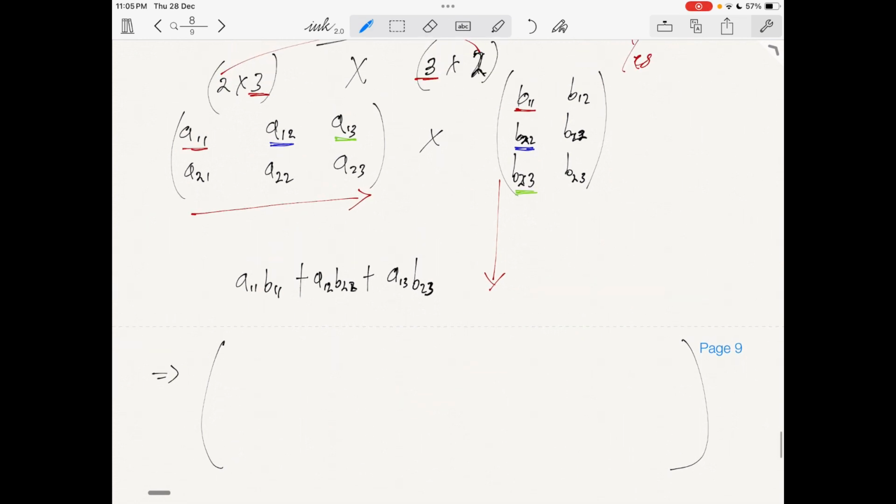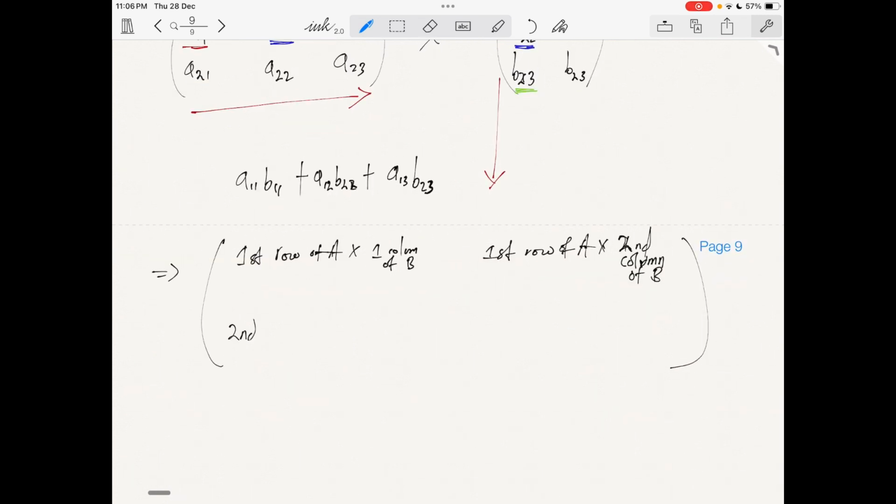Now to get the first element here, we are going to use the first row of A multiplied by the first column of B, and this element here will be the first row of A multiplied by the second column of B. Now this one, we are in the second row of A, and we are multiplying by the first column again.